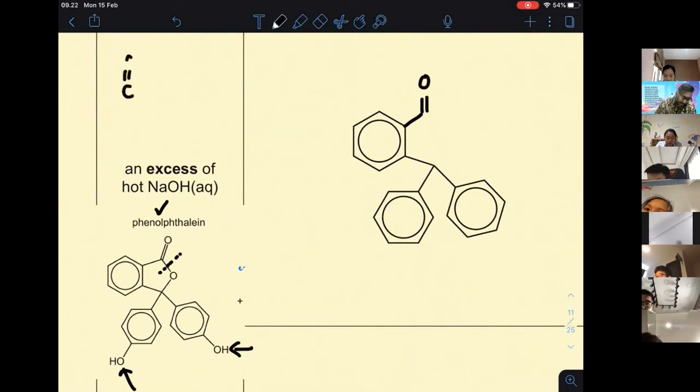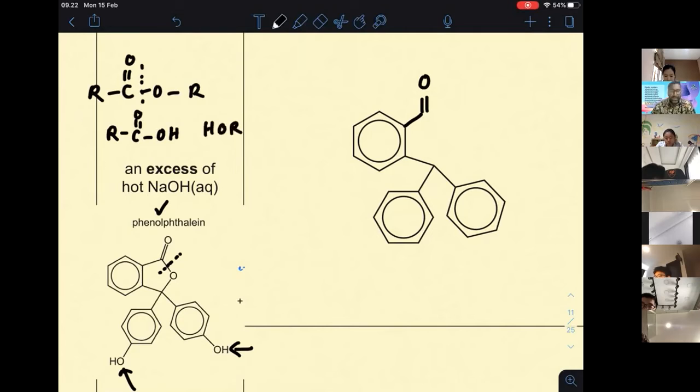Just imagine you have something like this: R group, another R group. When it is broken, I am going to get RC double bond O, OH, and then ROH. Now, because this is sodium hydroxide, they do react with the excess sodium hydroxide, they do react with the carboxylic acid.